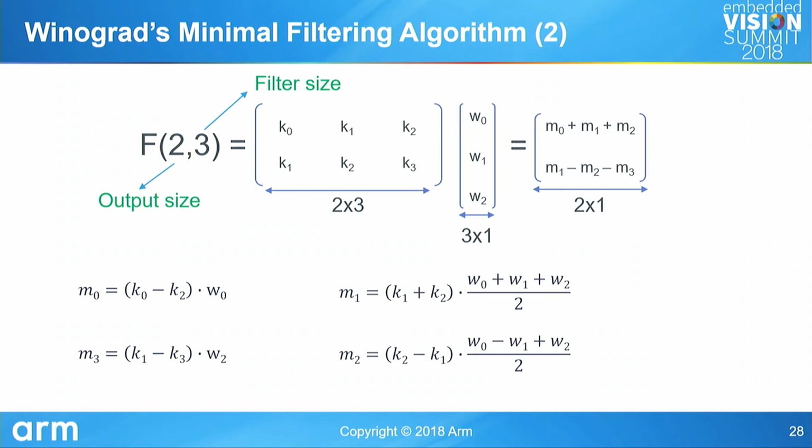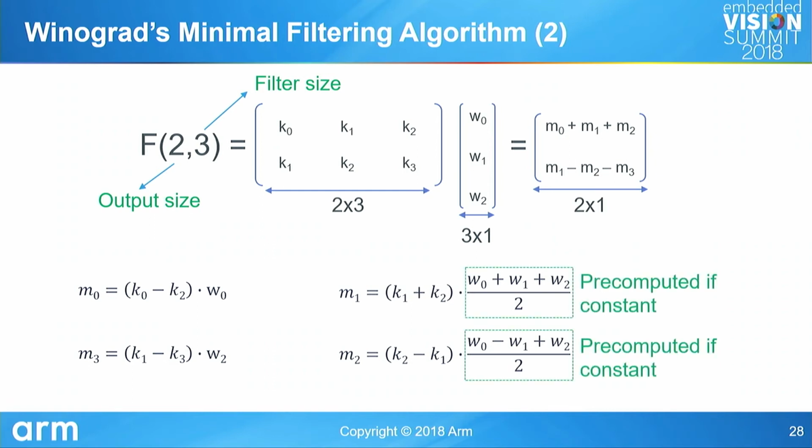However, if you pay attention, especially for M1 and M2, we don't have only 1 multiplication. We have at least 3 multiplications for multiplying by 0.5, W0, W1, and W2. However, if we consider just the inference problem, the weights are constant. So this part can be pre-computed. And essentially, we have only 4 multiplications for performing our tiny matrix multiply.